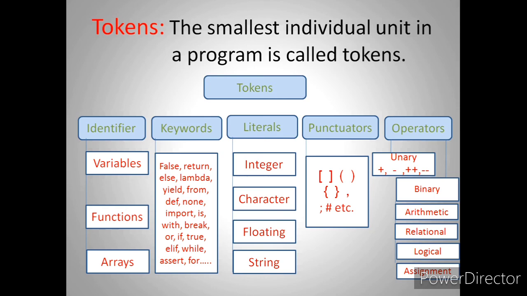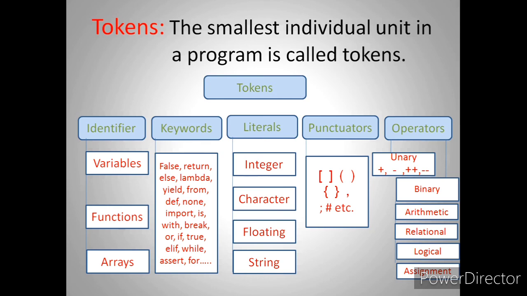Now you should know the difference between the assignment operator and the relational operator with regard to the is equal to sign. If you give only one is equal to sign, it is an assignment operator.